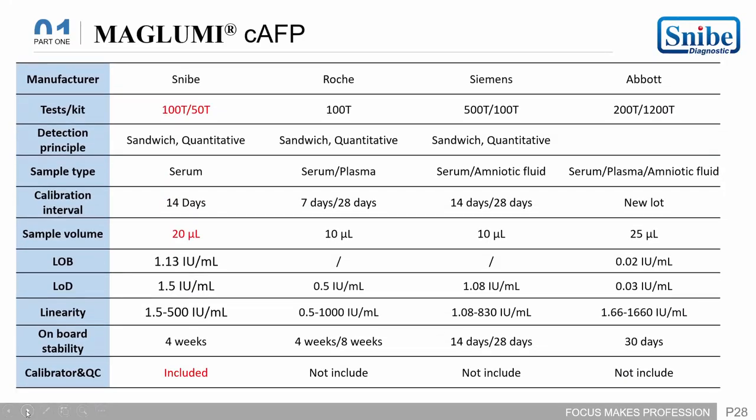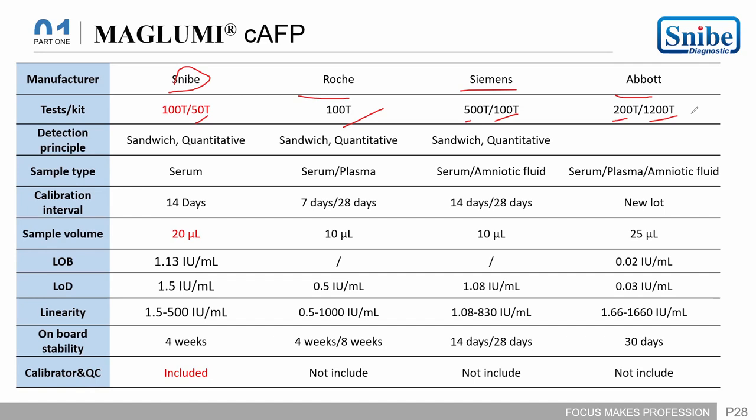If we compare the alpha fetoprotein of SNIBE versus the other competitors like Roche, Siemens, and Abbott, we again have the edge of 50 tests, while the other competitors are providing 100 tests, 500 tests, or 200 tests and 1200 test pack sizes, which is a very big pack size.